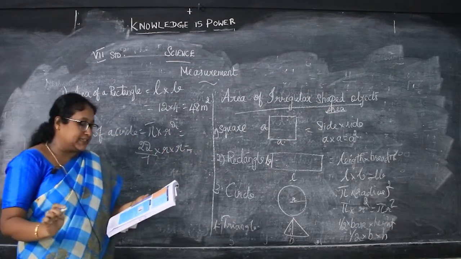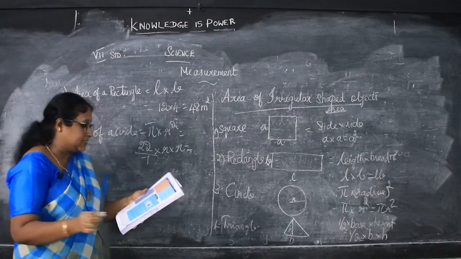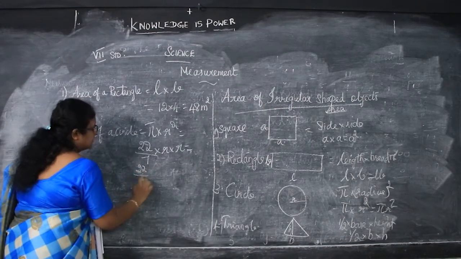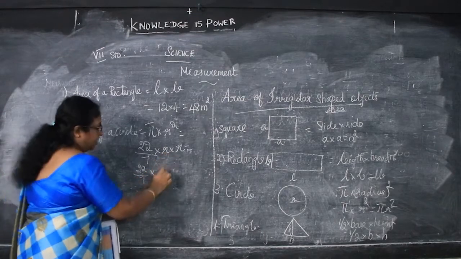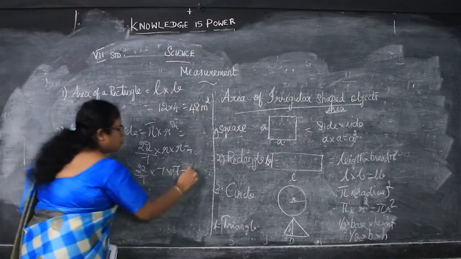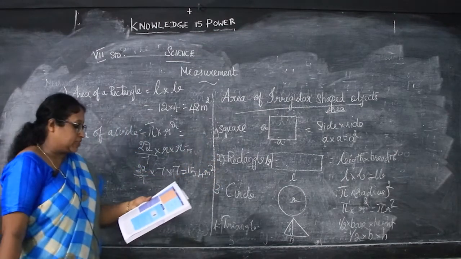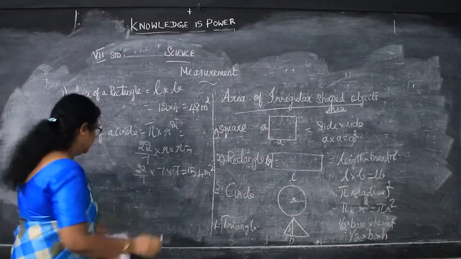The question says the circle has radius 7 meters. So that is 22 by 7 and r is 7, that is 7 into 7. The answer is 154 square meter. Now the third question is the area of a triangle.